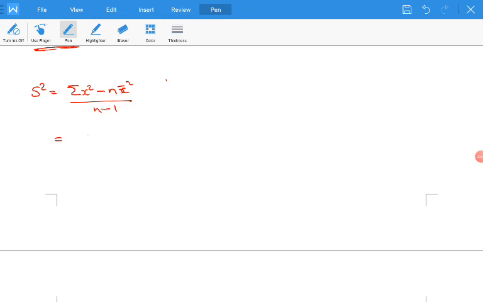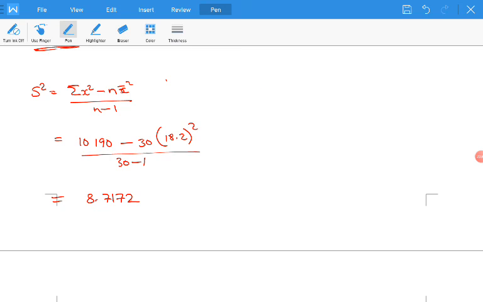So the summation of x squared gives us 10,190 minus our n is 30 and our mean is 18.2 squared, all over 30 minus 1. If we solve this, we find 8.7172.